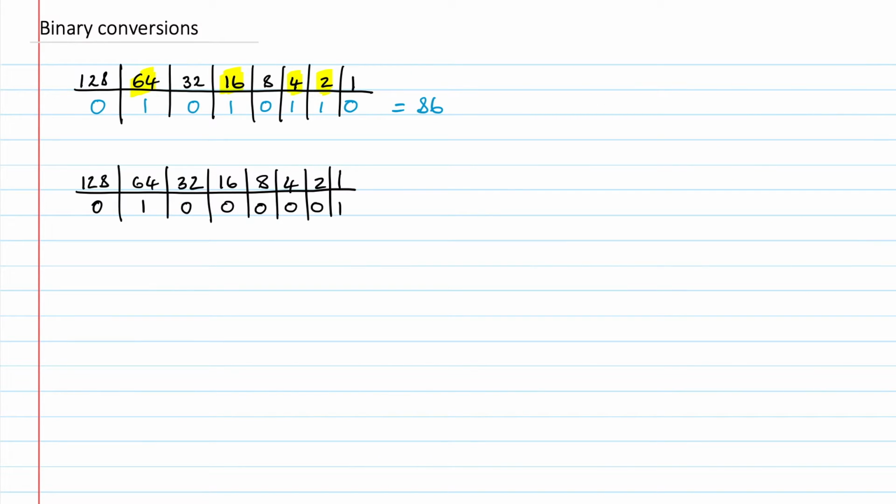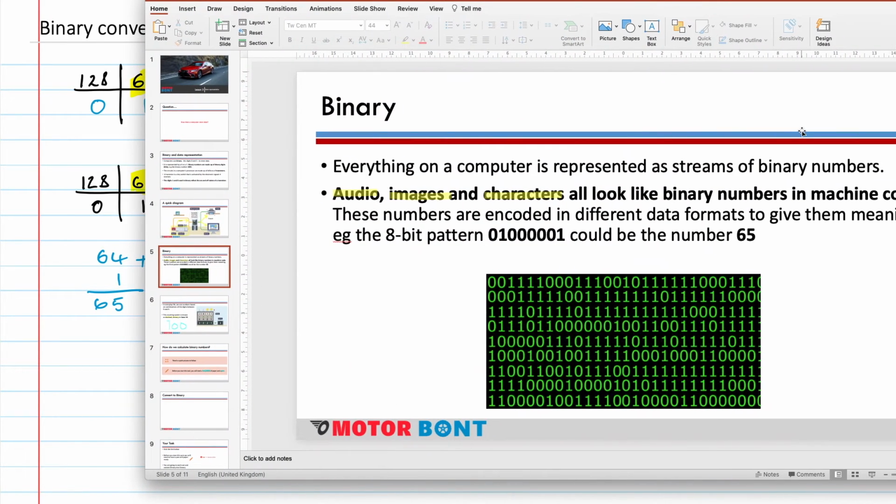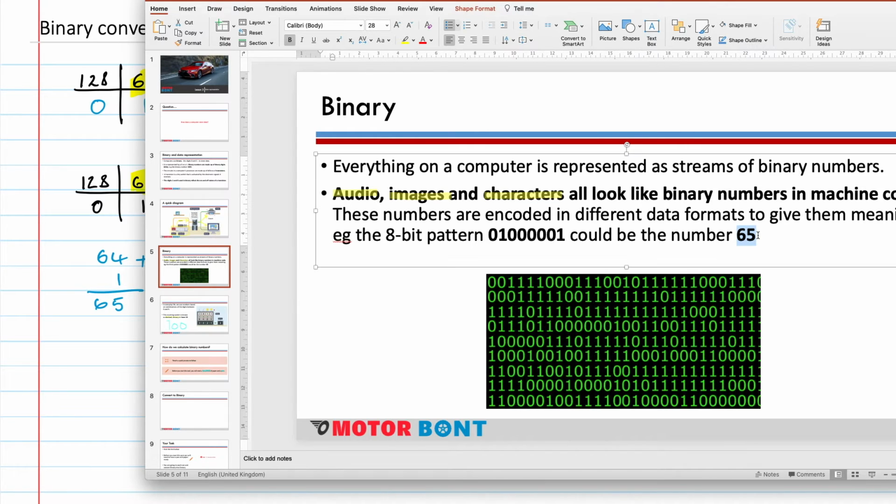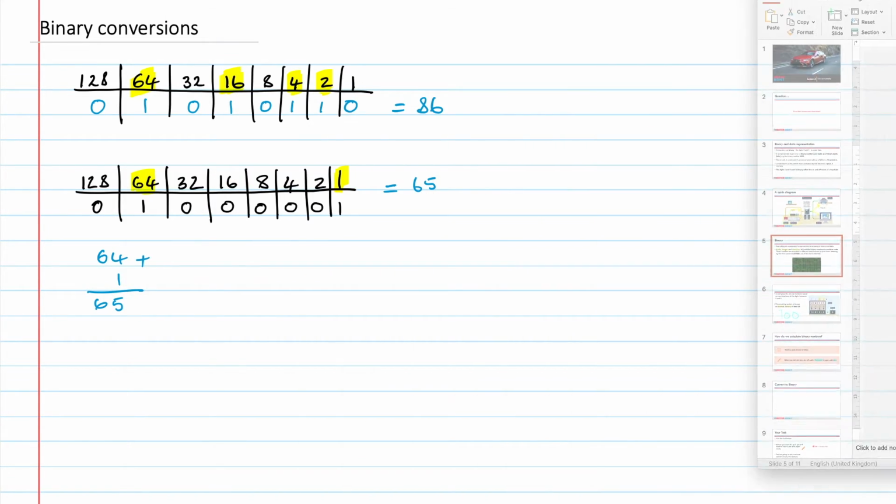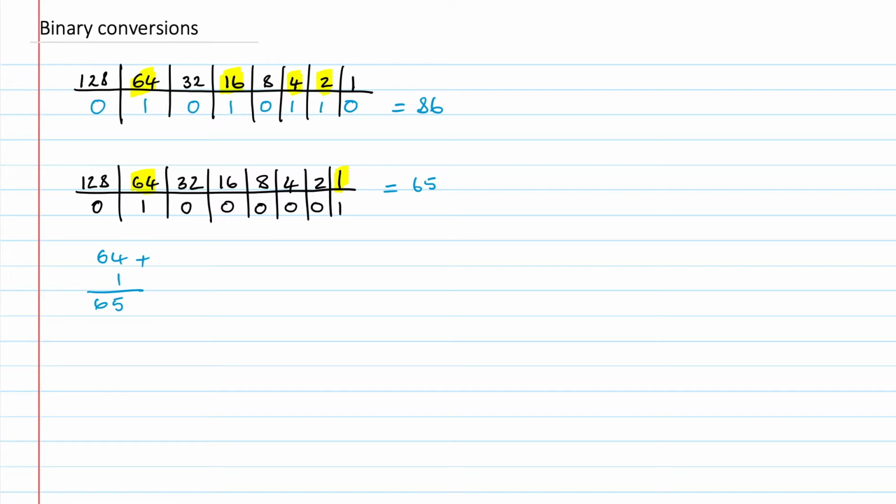Now what we're going to do, don't forget, is we add up all the numbers with a 1 on it. So if you look here, we've got 64 plus 1 is 65. So that there is 65. And if we just go back over to my PowerPoint, it says there, this number is 65. It's true. So let's do a few more.